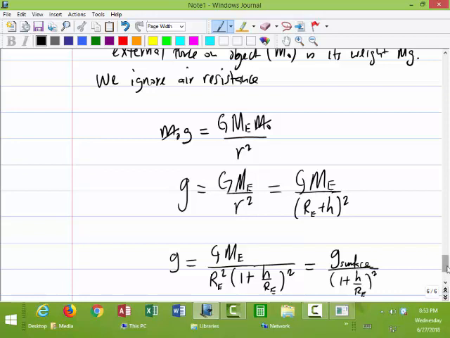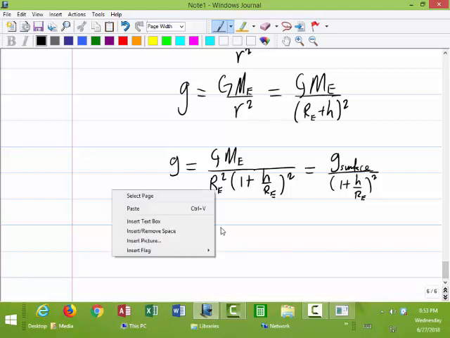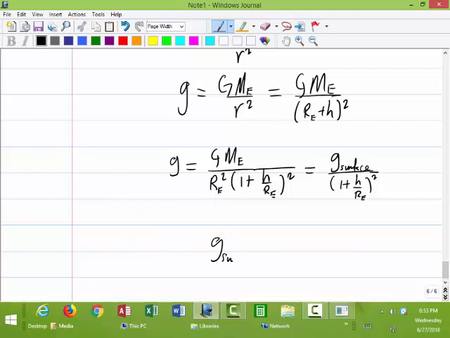So g at the surface is what we know as 9.83 meters per second squared. We'll leave that there and move on to the next section, which is Kepler's laws.